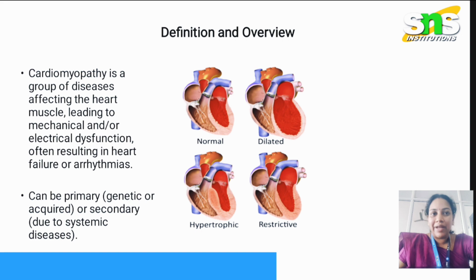also be a factor. So what is actually happening is, cardio is the heart, myo means muscle, and pathy is a disease affecting the muscle. So what disease is happening in the heart?